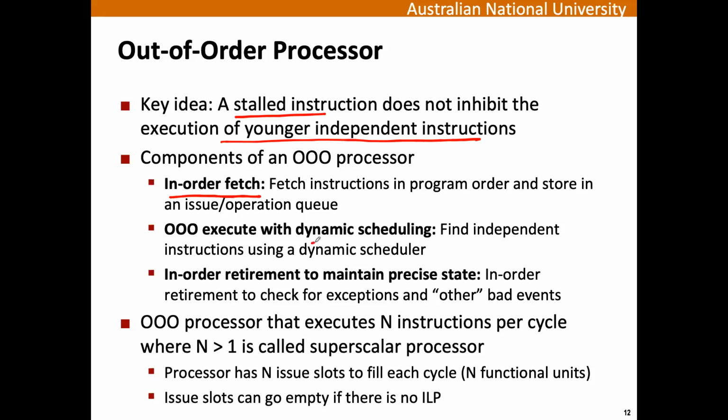There is dynamic scheduling hardware in the middle of the processor that executes instructions out of order, respecting the dependencies between instructions. The key piece of machinery that enables out-of-order execution is a dynamic scheduler that figures out all the dependencies and sends independent instructions to the execution units.